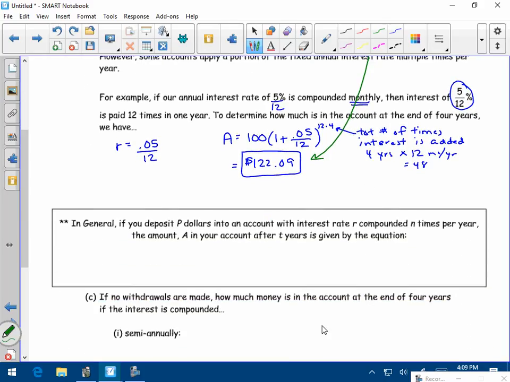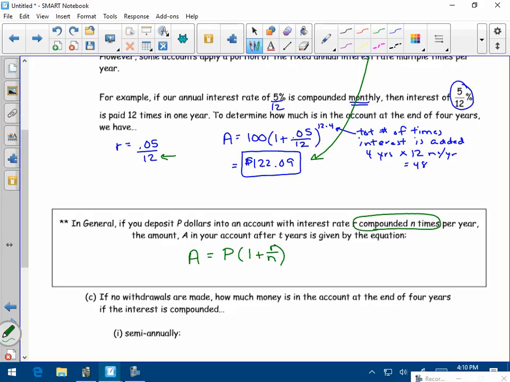So here's this last formula. In general, if you deposit P dollars into an account with an interest rate of R, compounded N times per year, the amount in your account is going to be A equals P times 1 plus the rate divided by the number of times compounded, so R over N. It was compounded 12 times in our last example.